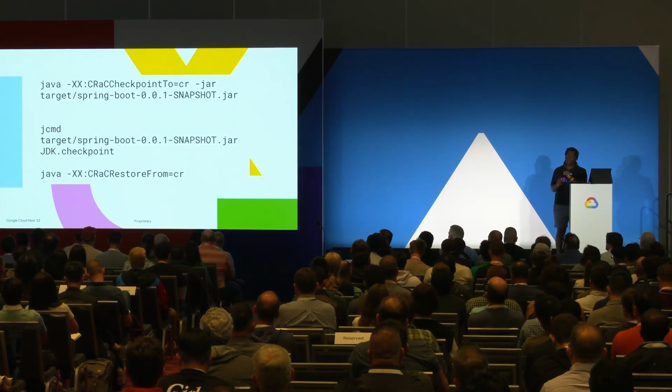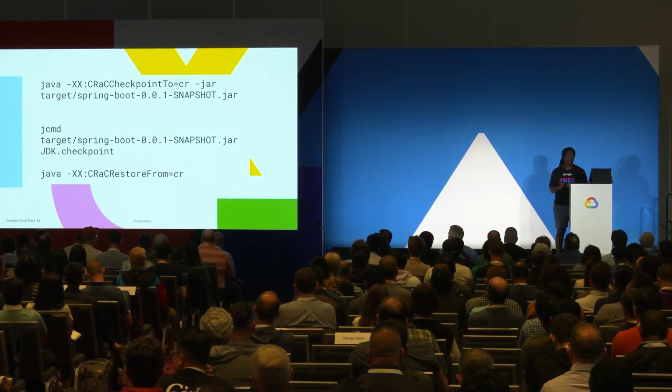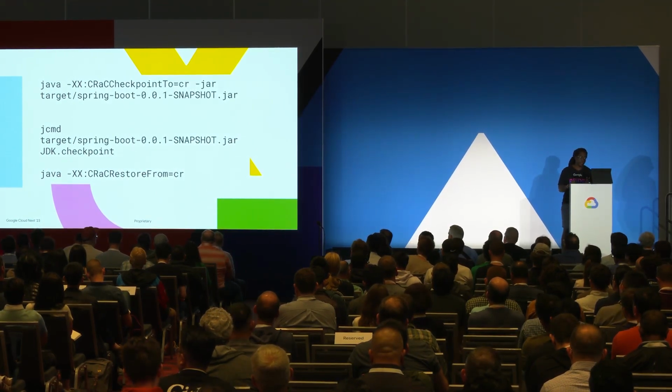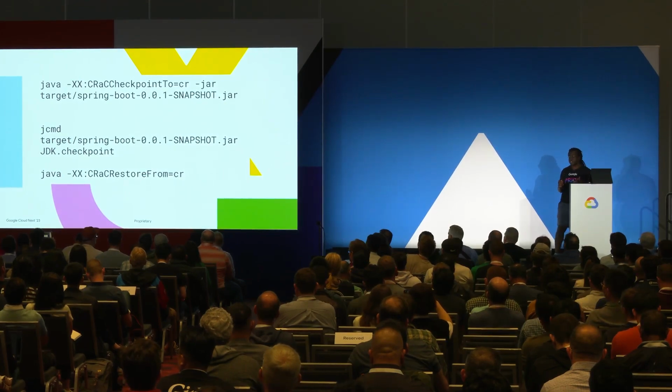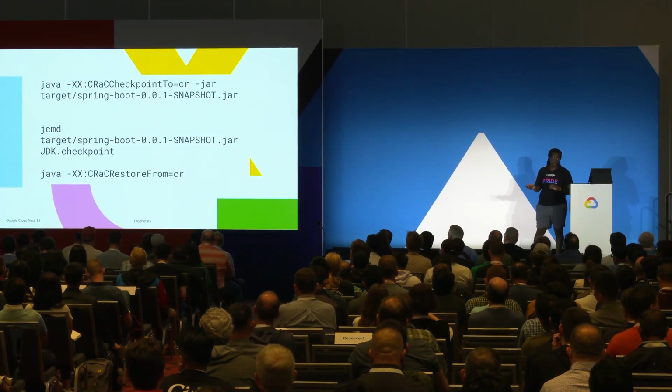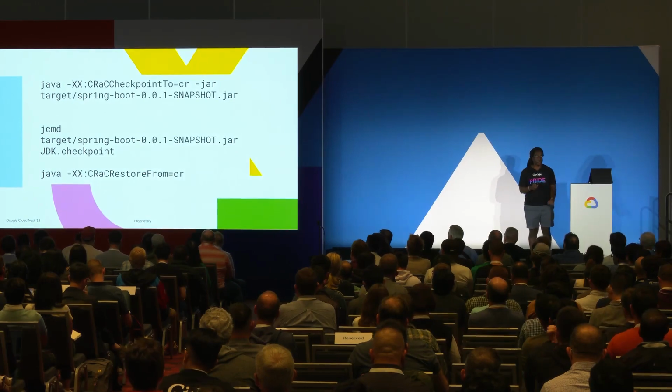You're able to run your Java app normally with a flag to say, this is where I want to save. That CRaC checkpoint flag is defining a path where you'll be saving your checkpoint file. If you don't define that, I believe it stores at Java home by default. And then you use the jcmd command to restore from that checkpoint later with the CRaC restore command.